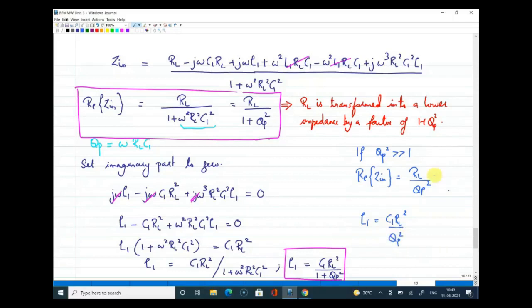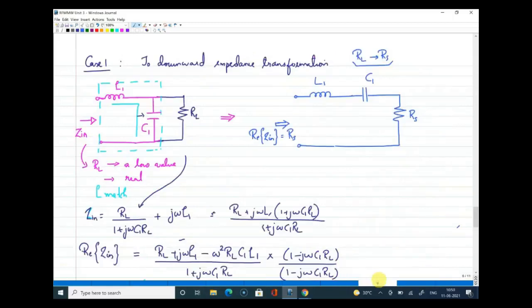By substituting the value of Q factor, this can be further simplified as 1 by RL into C1 square into omega square, and this can be equated as 1 by C1 into omega square. That is just by substituting the value of QP, which is already written at this point. So these are the values of L1, the L1 should be selected in this way, and the real part of impedance will be of this particular formula, right? So what we have done is we have just tried out downward impedance transformation by using something called an L match.